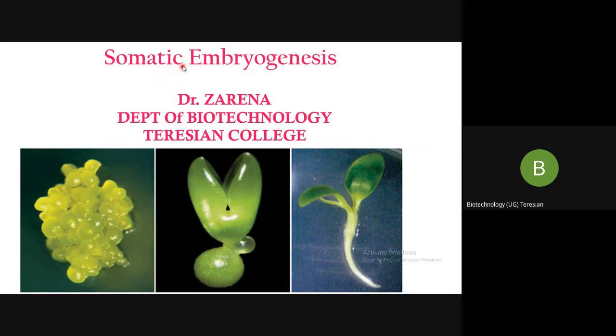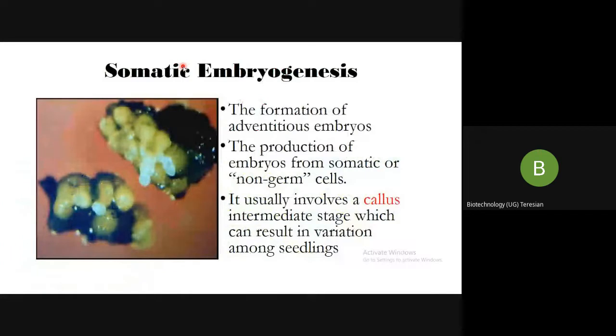So, is it possible? And you can see that the answer is yes, it is possible. You can see in these pictures that it is the formation of adventitious embryos, the production of embryo from the somatic or non-germ cells.